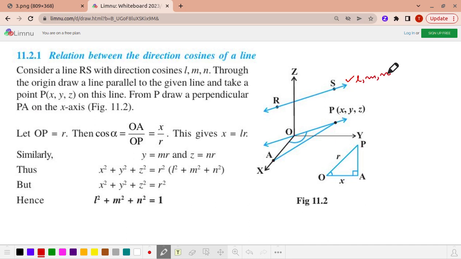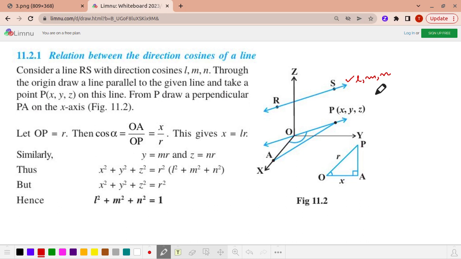And we are going to find a relationship. That relationship I already disclosed a few minutes back, that is l square plus m square plus n square equal to 1, and we are going to derive that, we are going to prove it. So let's consider that RS be the line having the direction cosines l, m, n.